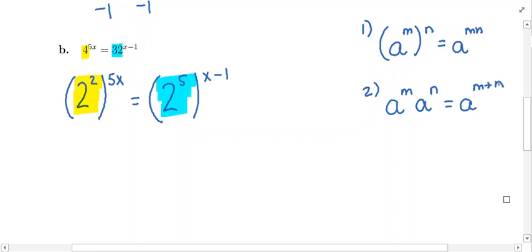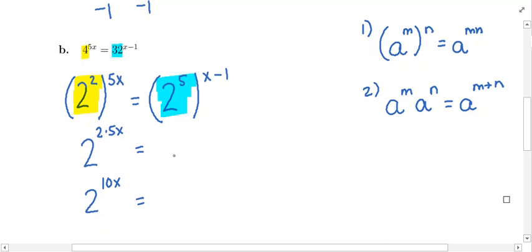Based on these laws, what we have on both sides of the equal sign matches situation 1. We've got a power raised to a power, so we're going to multiply the exponents. The left side is going to become 2 raised to the 2 times 5x power, which is 2 to the 10x.